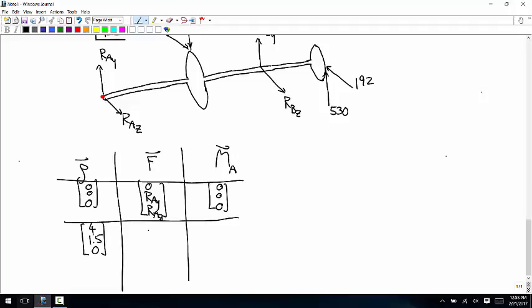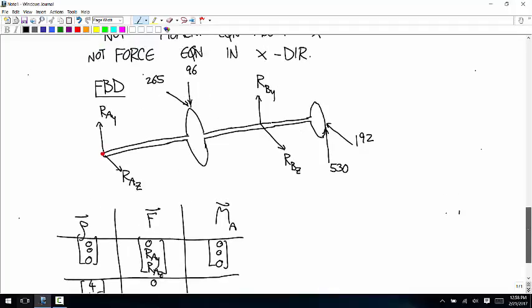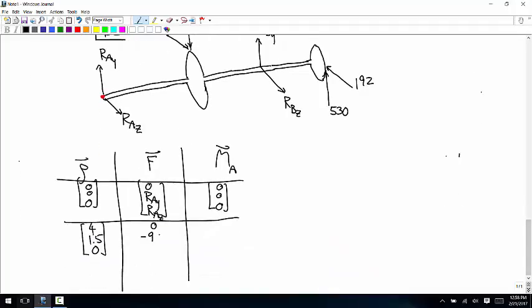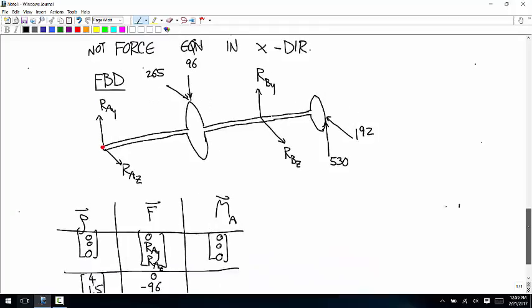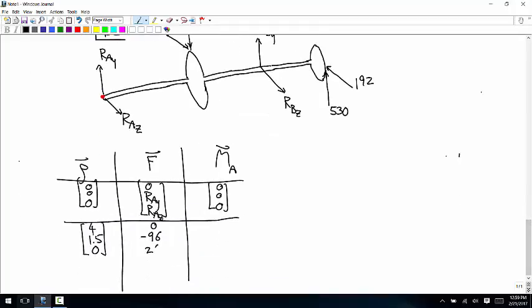Yes, that was a test. So nothing in the x direction, 96 in the negative y direction, and then, what was it, 265. And what do you get for a cross product?